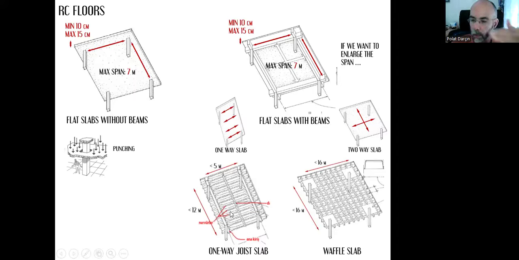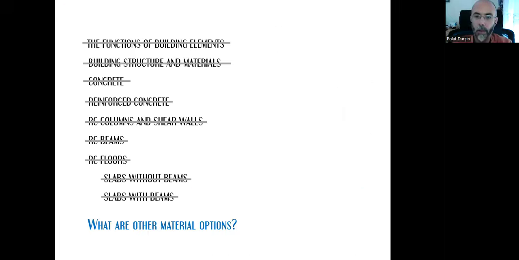But again, we don't want a heavy floor, so that filler block type shouldn't be preferred when there is earthquake risk. And the maximum span that we can provide is a two-way waffle slab with 16 meters. So keep this slide in front of you all the time. So whenever you need these distances, you can take a look.